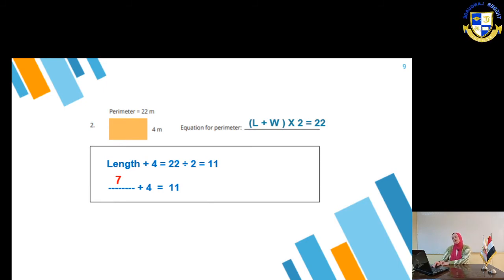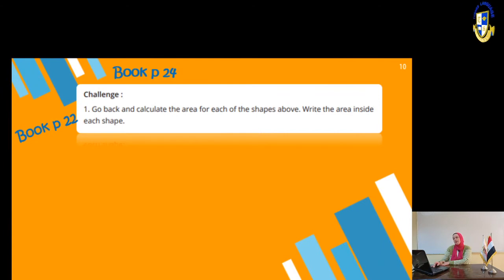Okay, now in the next page, go back and calculate the area of each of the shapes above. Write the area inside each shape. We have a square of 5 meter length. We said before that the area means side by side.